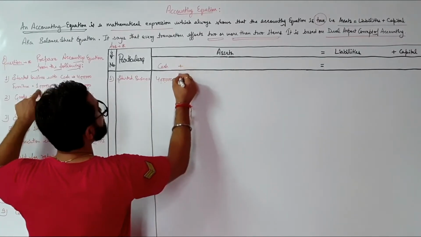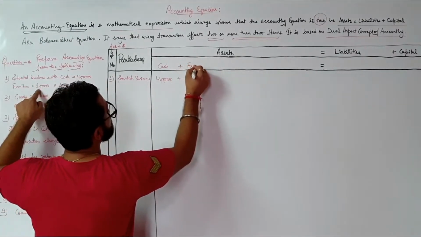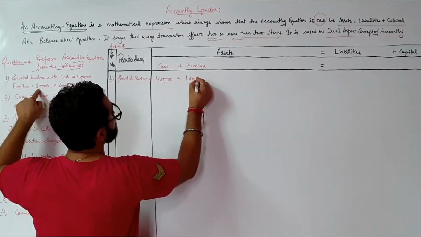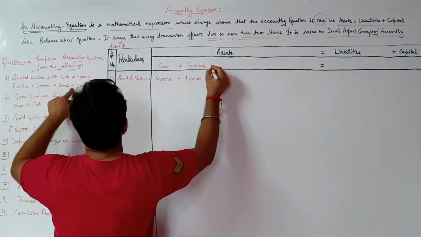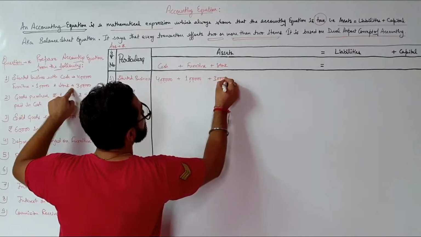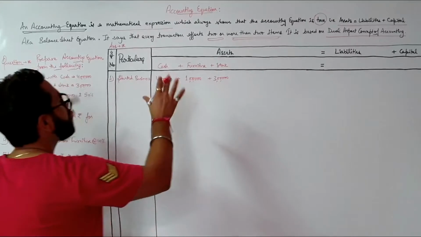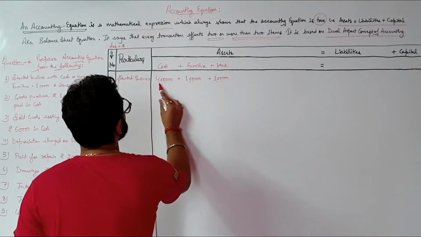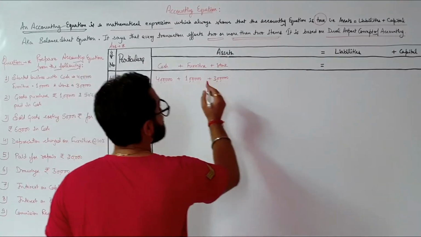and furniture. You have started business with 3 items, cash, furniture and stock, which totaled 4, 5, 6, 7, 8 lakh.